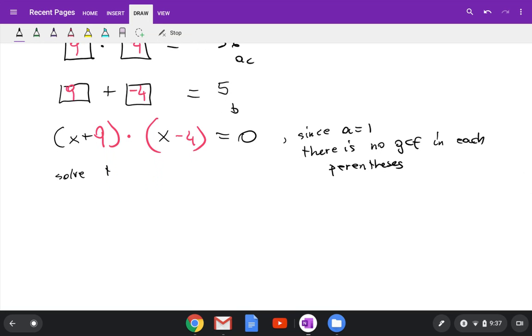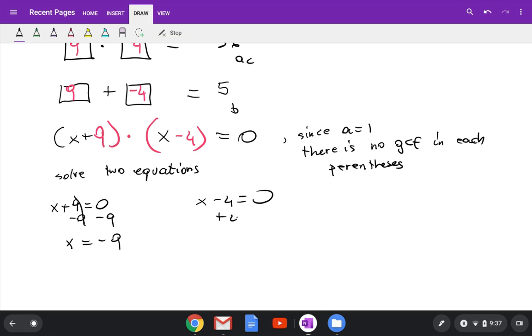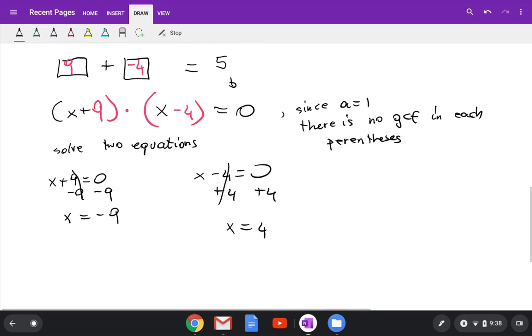Okay, so now when you have two factors, next you need to solve two equations: x plus 9 equals 0 and x minus 4 equals 0. Solve both of them. So we're getting x is equal to negative 9. Here we're adding 4. We're getting x equal 4. Now, in word problems, you need to check if your solution makes sense.